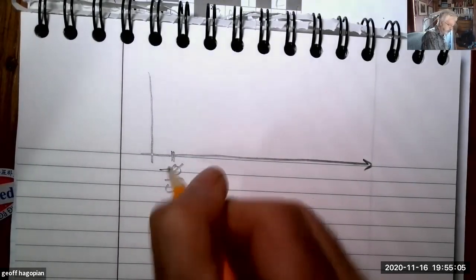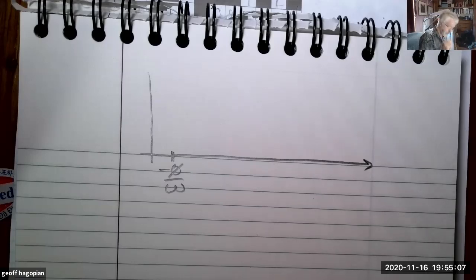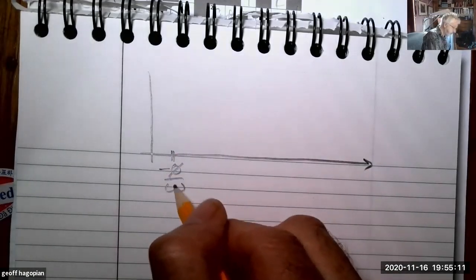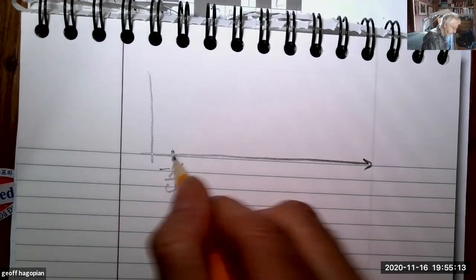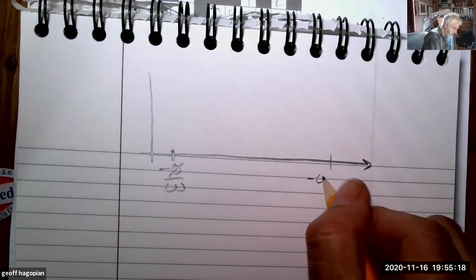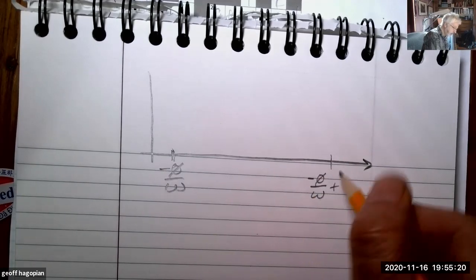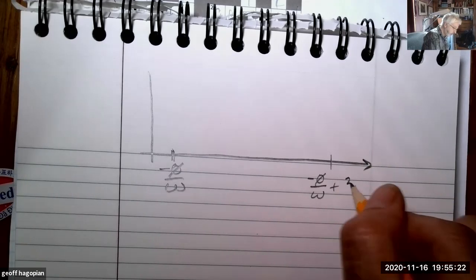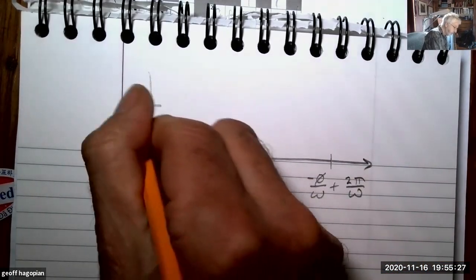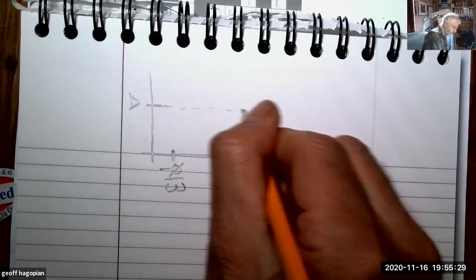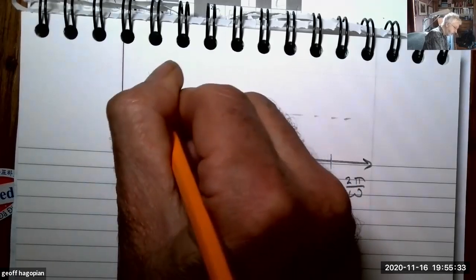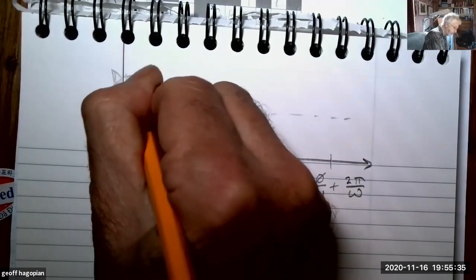You don't always use the symbol phi, but it is common to use phi for this phase shift. Then we go one wavelength to the right of that, which is this starting value plus 2 pi over omega. And then here's our equilibrium line, and we'll have an amplitude up and down from there.